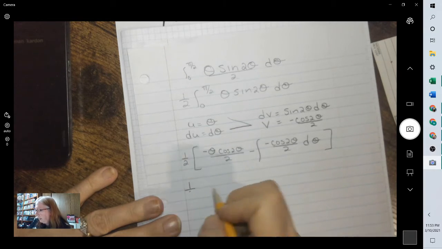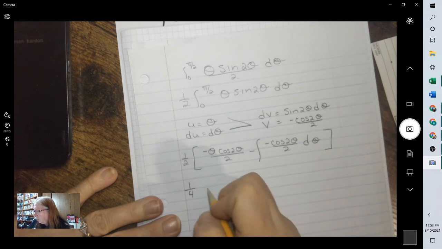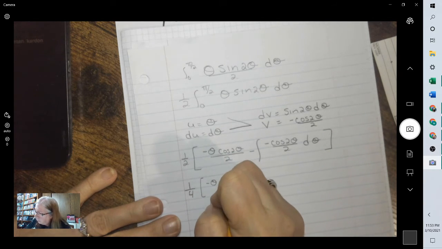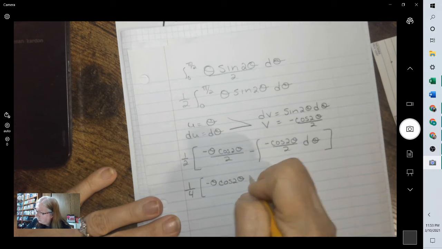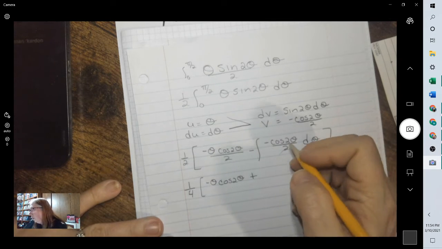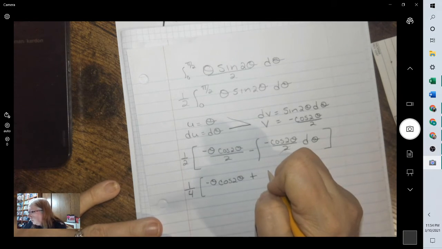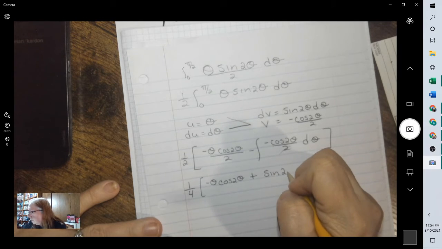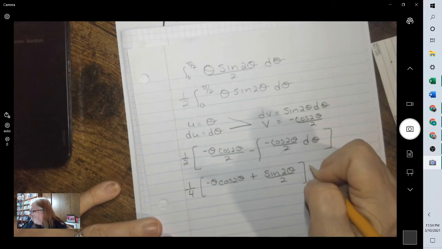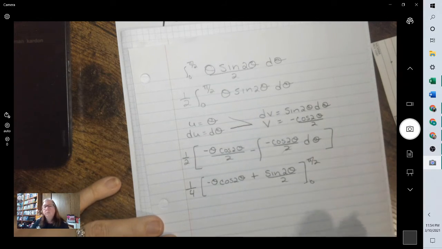I'm going to pull the halves out and make it 1/4. Negative theta cosine 2 theta. Negative and a negative is a positive. We pulled these 2's out. The integral for cosine is sine over 2. And we're going from 0 to pi over 2.